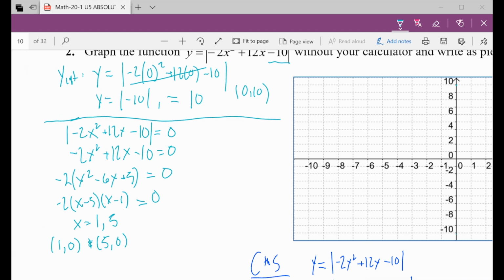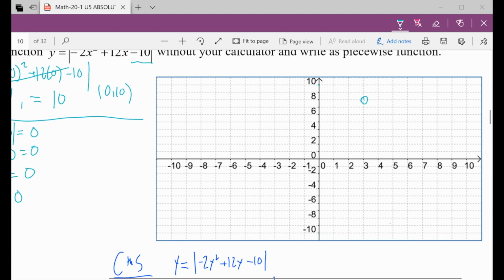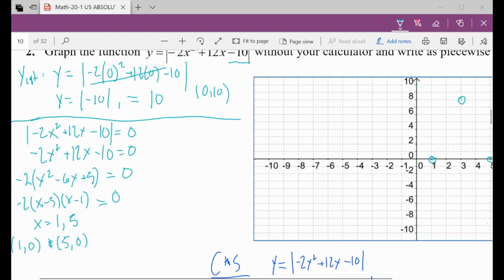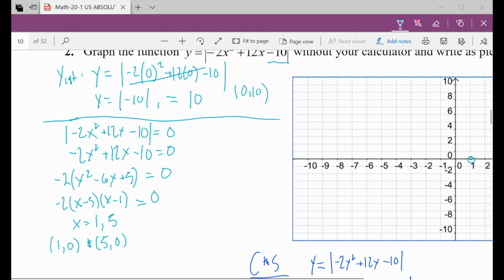And what else do we know? We know that there are x-intercepts at 1, 0 and 5, 0. So 1, 0, there's one x-intercept, and 5, 0. And it'd be nice if these were symmetrical about the vertex, the line of symmetry. And in fact, it is 2 over there, 2 over there. Good. And finally, we did learn what the y-intercept of the absolute value was. It's 10.